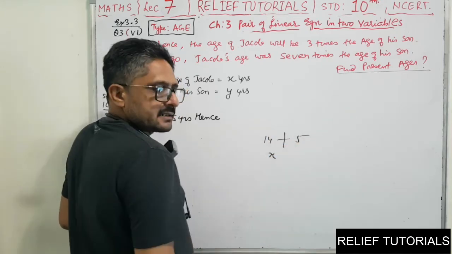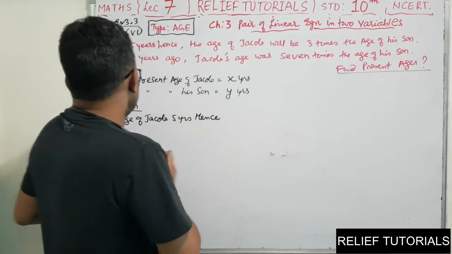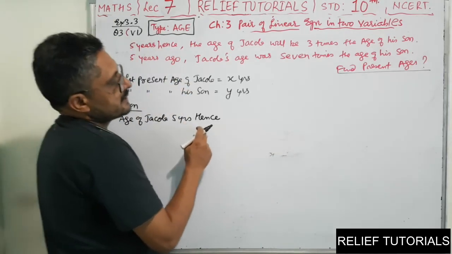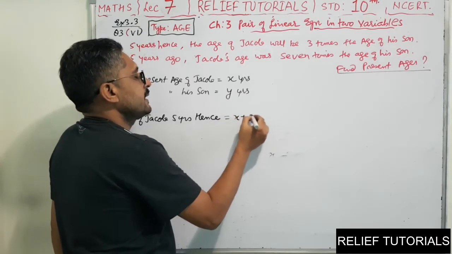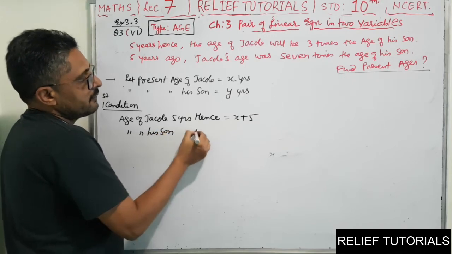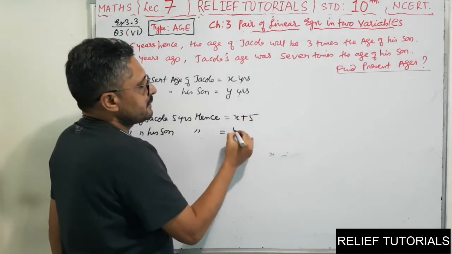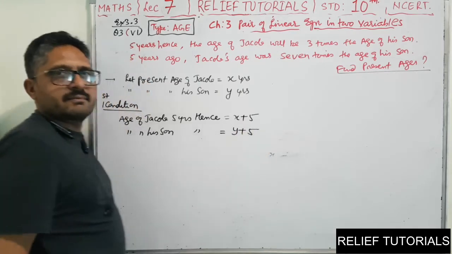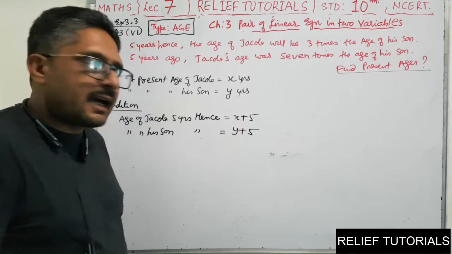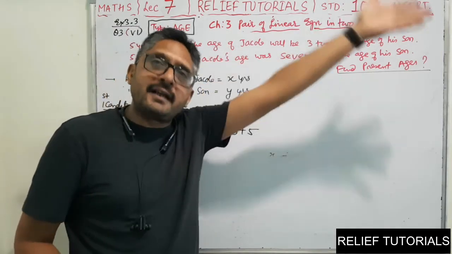Now Jacob's age is x, so after 5 years it will be x plus 5. So the age of Jacob 5 years hence equals x plus 5. And the age of his son 5 years hence: his son is y years now, so after 5 years his age will be y plus 5. So I have found the ages of Jacob and his son after 5 years.